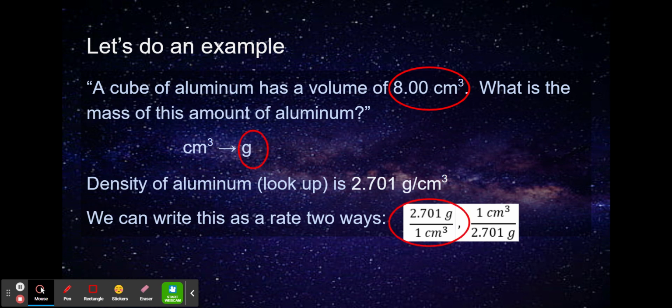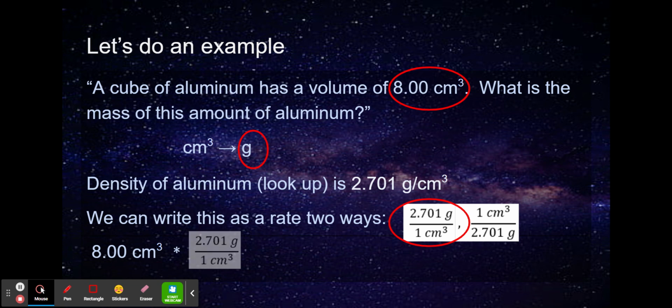Now, we are going to use one of these rates here, and the one we want is going to be the one that has our target unit on top. Our target unit is grams from our map up above, so we are going to circle the one that has grams on top. Now, we're going to start with our given, circled, 8.00 centimeters cubed, and now we are going to multiply by the rate that we identified that has our target unit on top, 2.702 grams in every centimeter cubed.